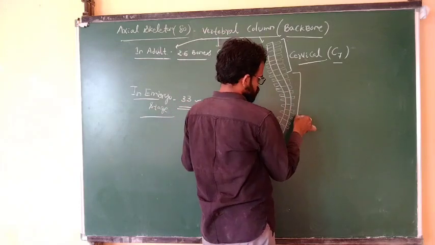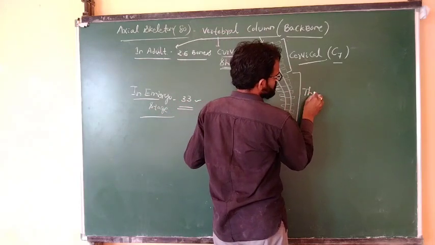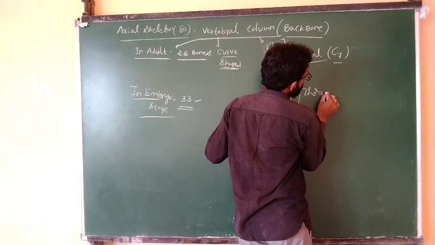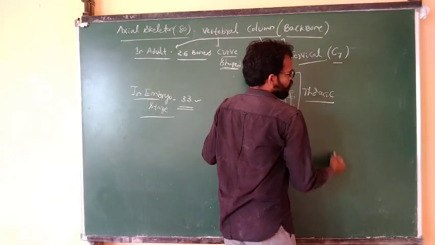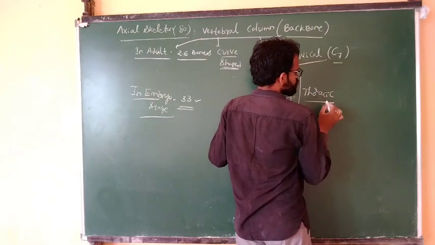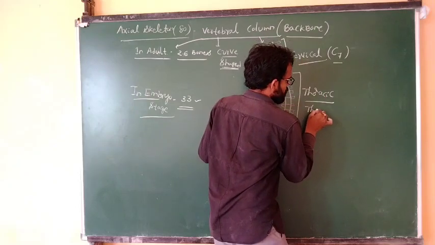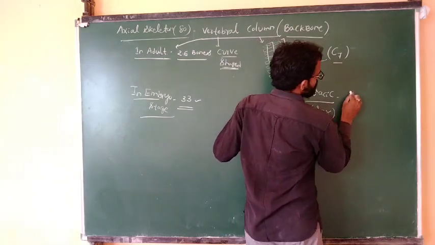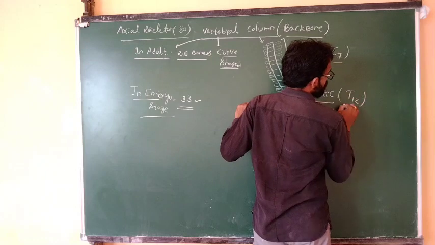Next one, thoracic. Thorax position. How many bones? Thorax consists of 12 bones.